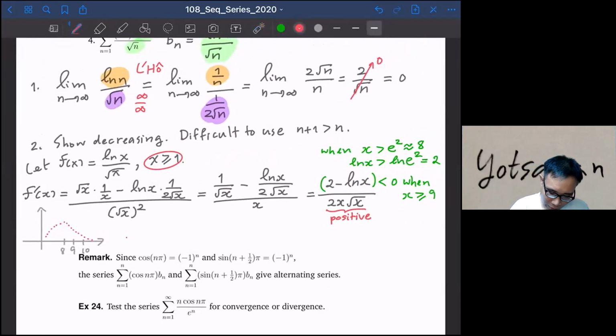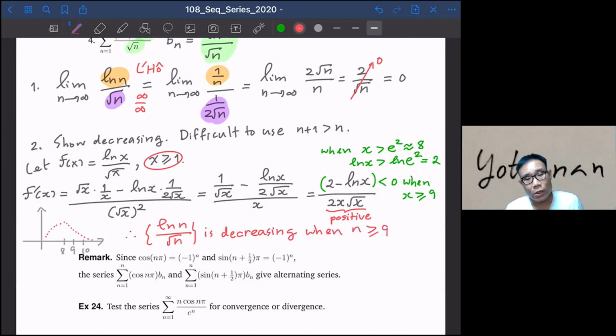So in this case, we're going to conclude that log n over root n is decreasing when n is more than 9. This one is a little bit tricky, because you have to know some value of n after which your sequence begins going down.